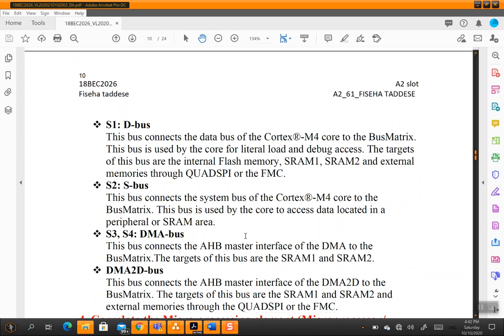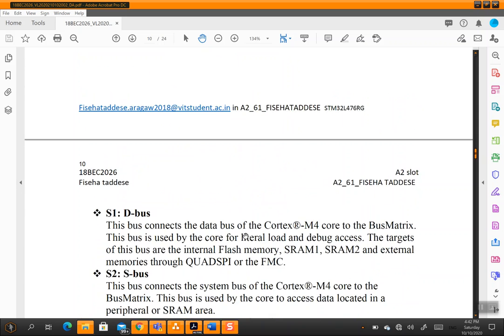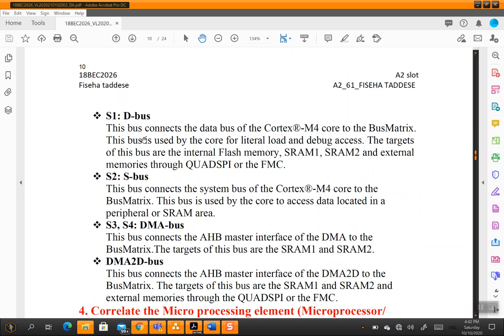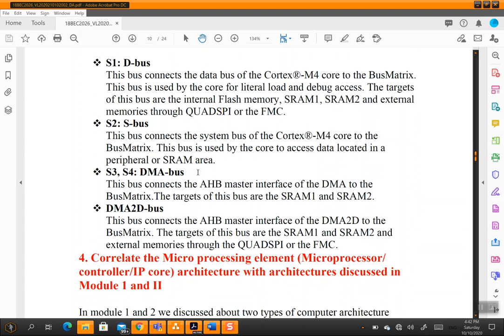Next one, the S1 D-bus. This bus connects the data bus of the Cortex-M4 core, which is this one, to the bus matrix, and it is used by the core for literal loads and debug access. And the S2 S-bus connects the system bus of the Cortex-M4 core to the bus matrix, and it is used by the core to access data located in the peripheral or SRAM area.